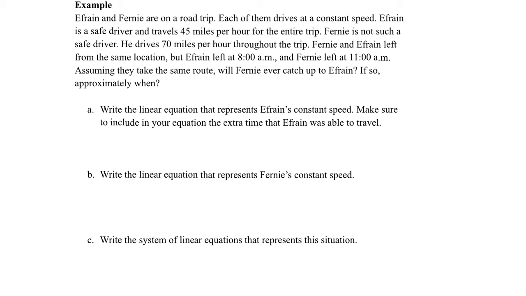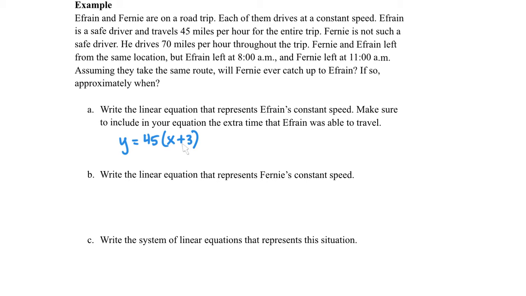Okay, so the first thing we have to do is write some equations. Write a linear equation that represents Ephraim's constant speed, and make sure to include in your equation the extra time that Ephraim was able to travel. So Ephraim is traveling 45 miles per hour. So the number of miles that he travels, you take 45 and multiply it by x. But he left 3 hours before Fernie, so he has a 3-hour head start. He gets to travel for 3 more hours than Fernie does.